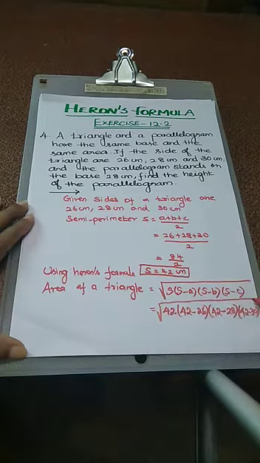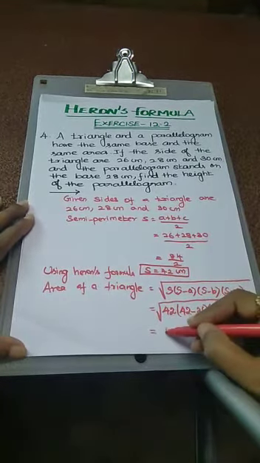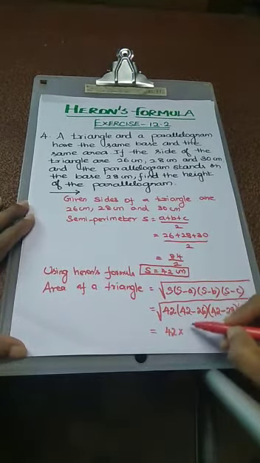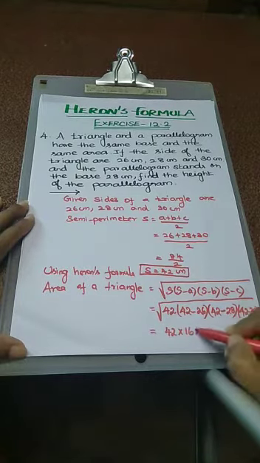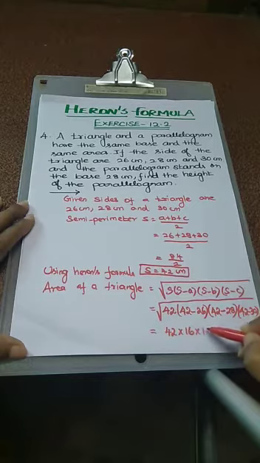Apply the square root also. So subtract the values. 42 minus 26, what is the value? That is 16. 42 minus 28, 14. 42 minus 30, that is 12.